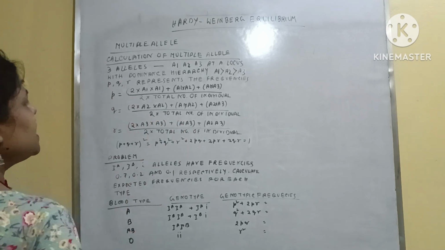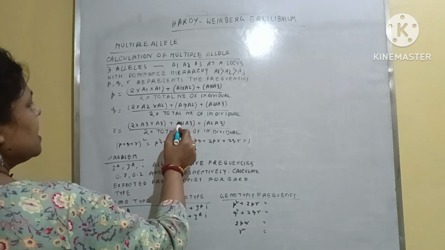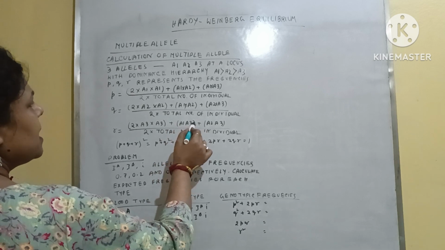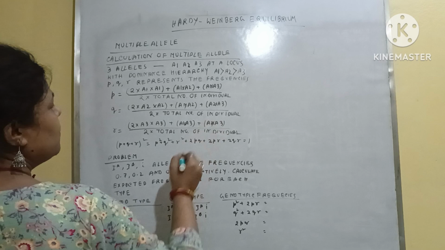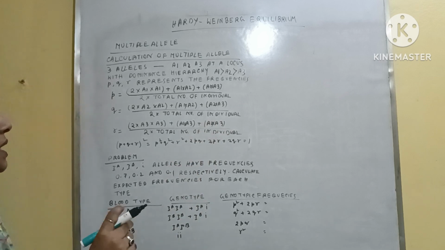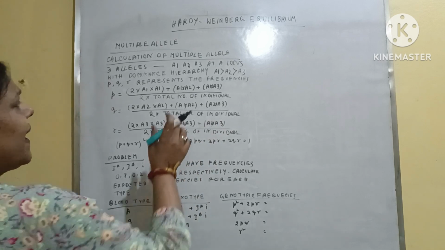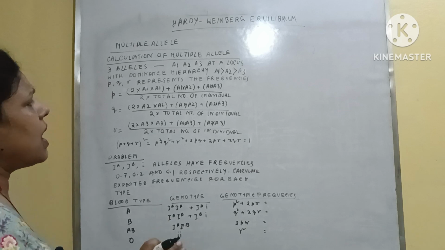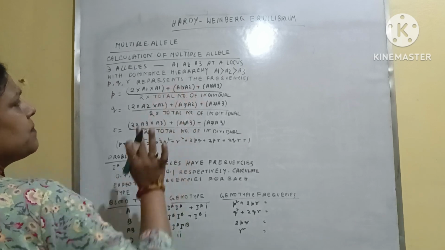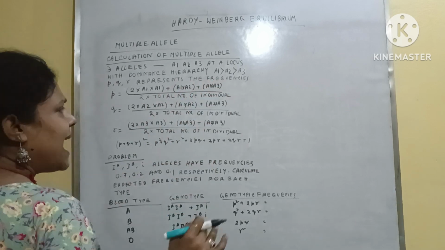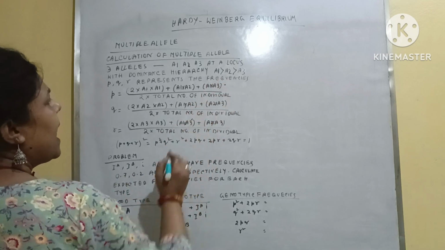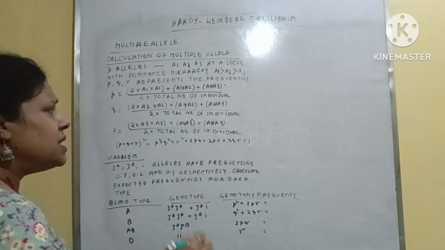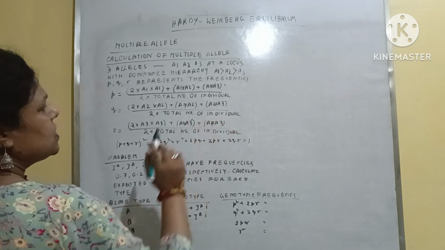In the third case, you have to write A1 A3 and A2 A3. And if you properly check, you can see that A1 A2 comes 2 times, A1 A3 comes 2 times, and A2 A3 also comes 2 times.